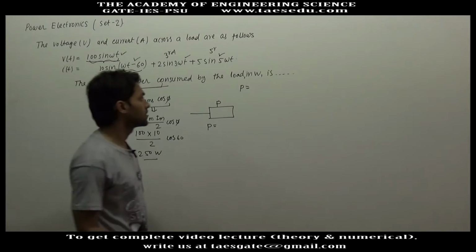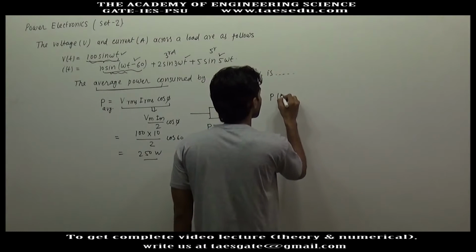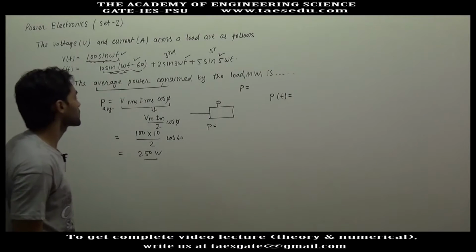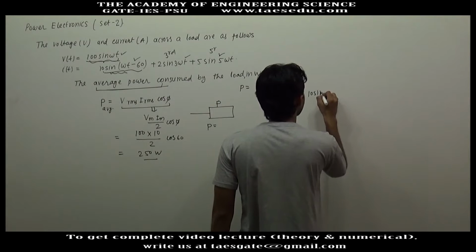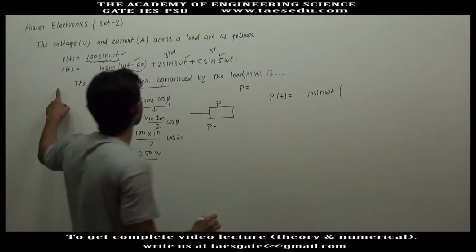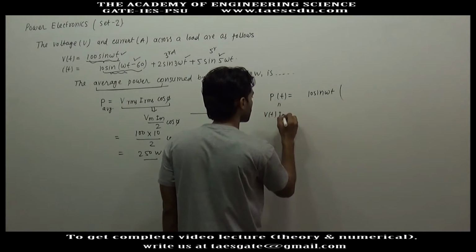If you find it with the help of the average, we will first find out the instantaneous power. Instantaneous power is nothing but Vt into It.